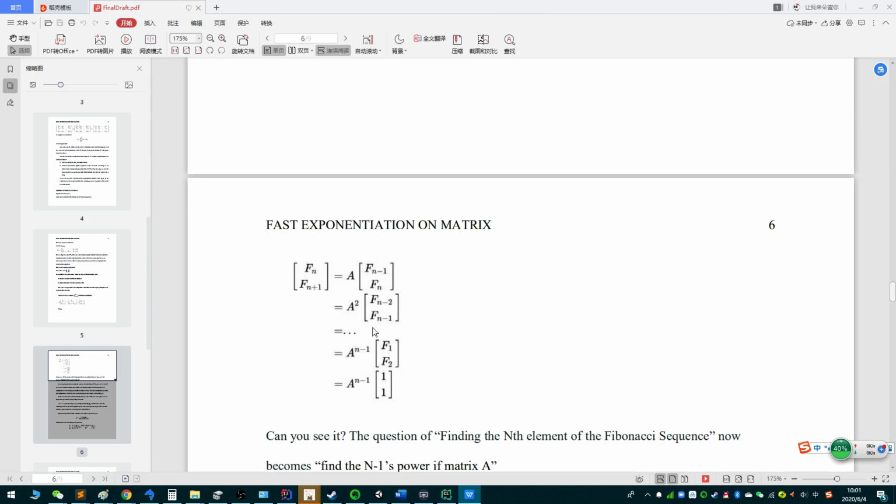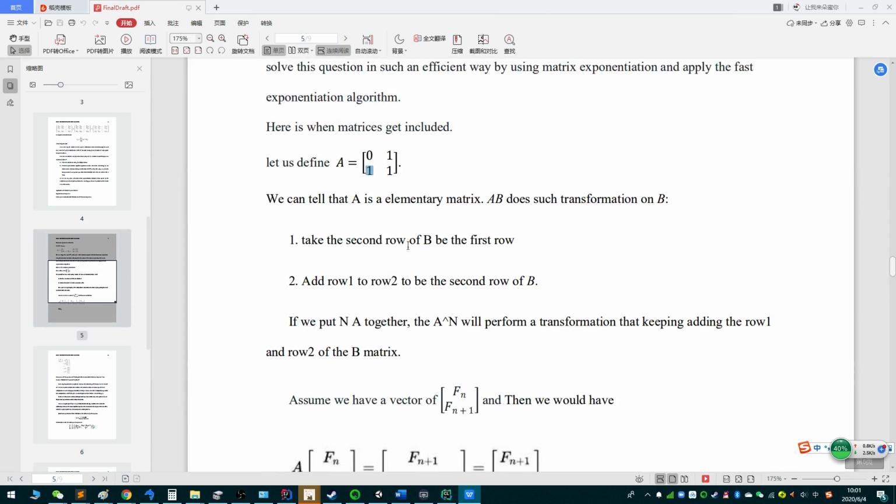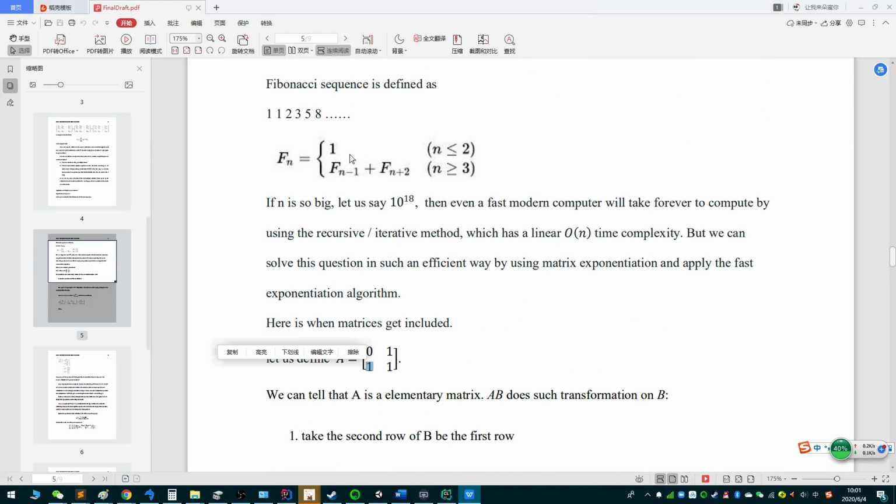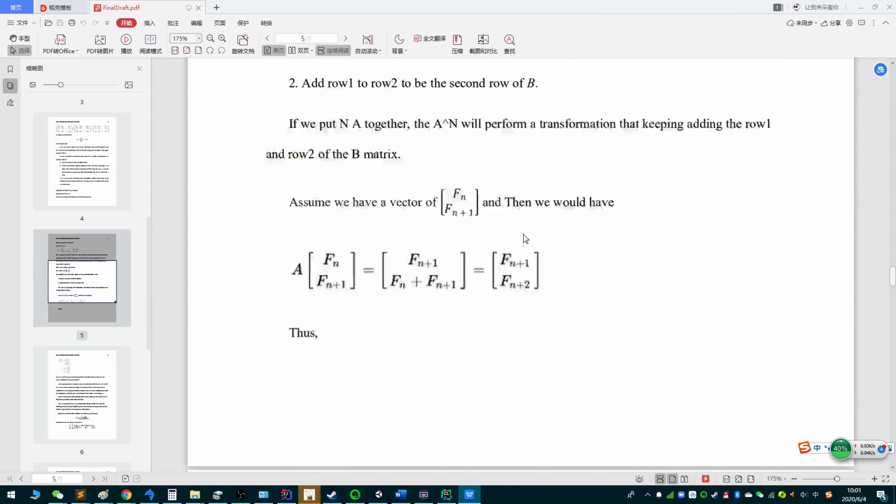And we can keep subtracting by just adding an A before it. So we would have fn minus 1, the vector would equal A to the power of n minus 1 times the vector of 1, 1, which is f1 and f2, and that's defined as the base here. f1 and f2 are both 1.